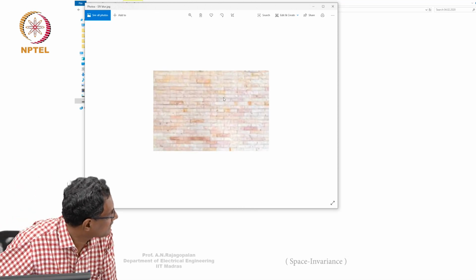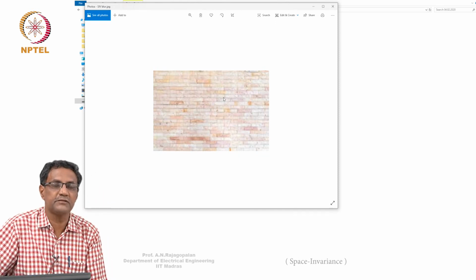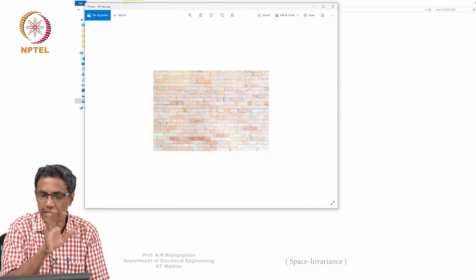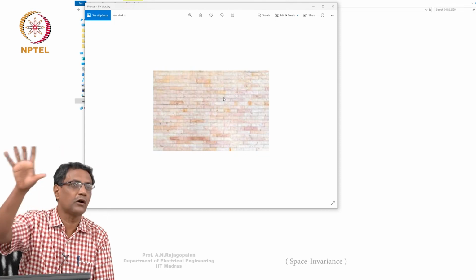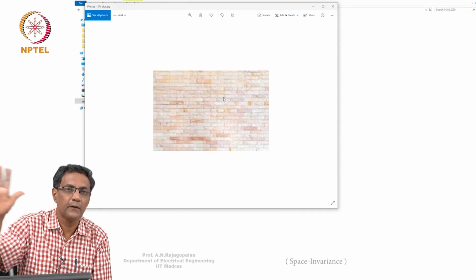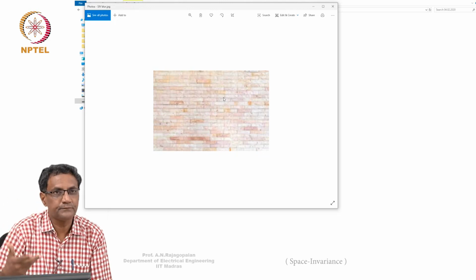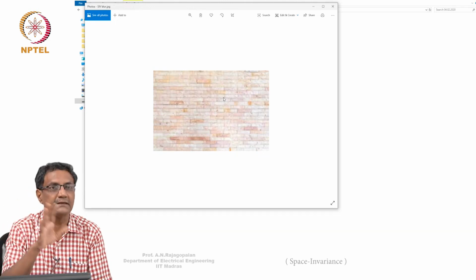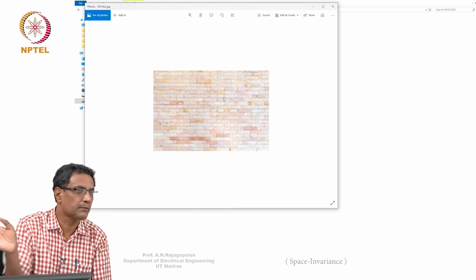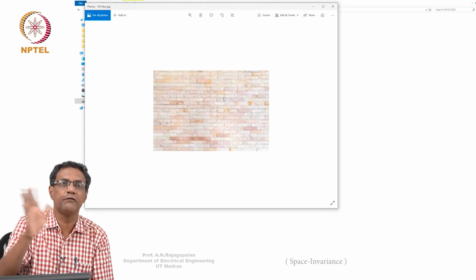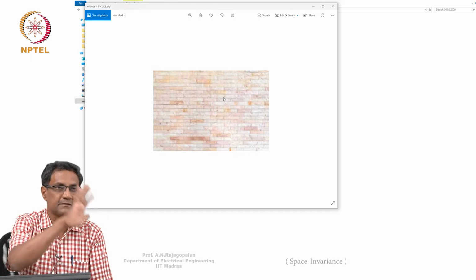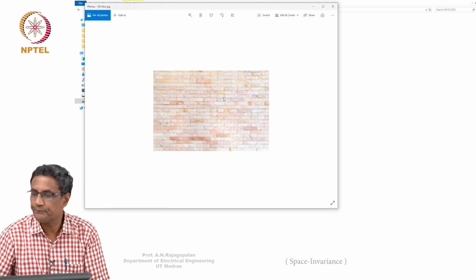You can see that it's not very sharp, but the degree of blur does not change as you walk through the image. Wherever you go, it's the same blur. This is like a plain wall, and then you can imagine that either it will be totally focused or it will be totally blurred, but the blur is going to be uniform in the sense that it's invariant. It's the same wherever you go.